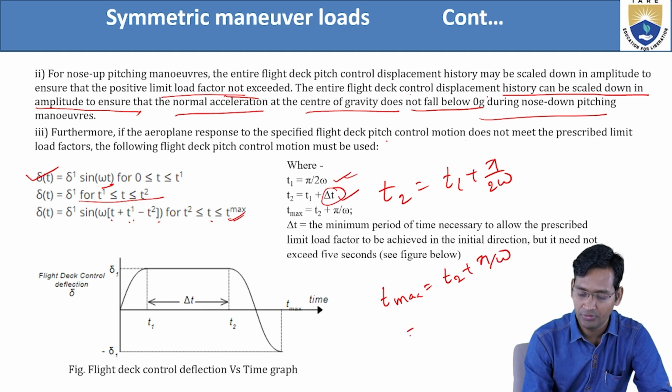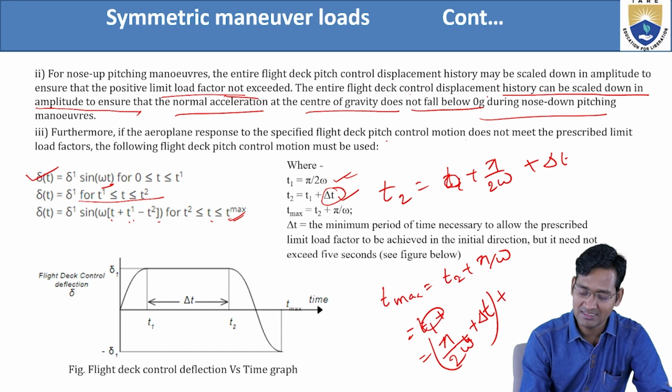So t2 is pi by 2 omega plus delta t, and then plus pi by omega. So this will be the t max value.